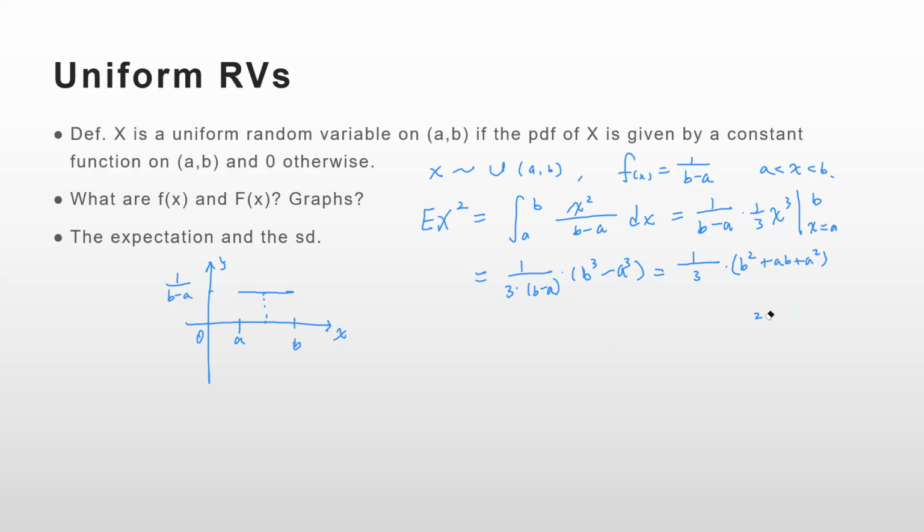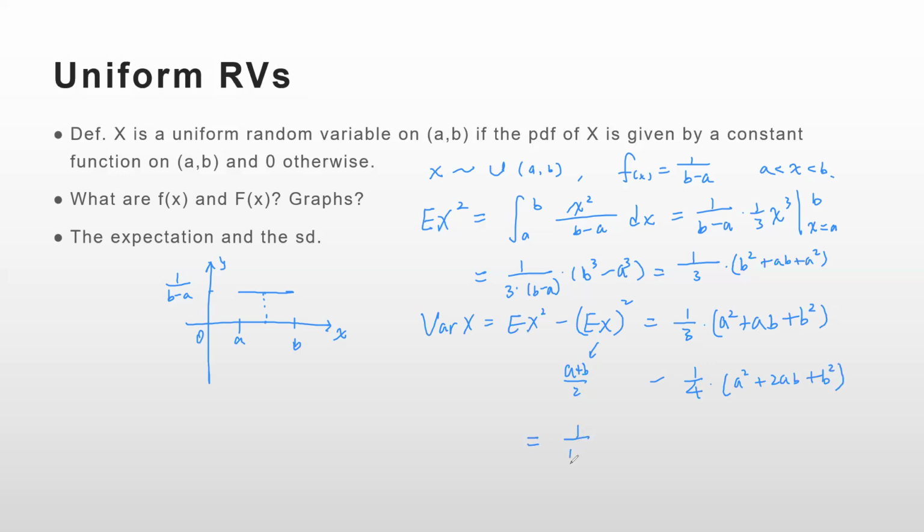And then we have the variance, which is the second moment minus the first moment squared. So you have 1/3 times b squared plus ab plus a squared, minus, remember expectation is the average of a and b, so minus 1/4 times a squared plus 2ab plus b squared.